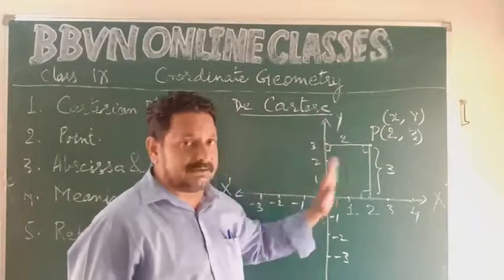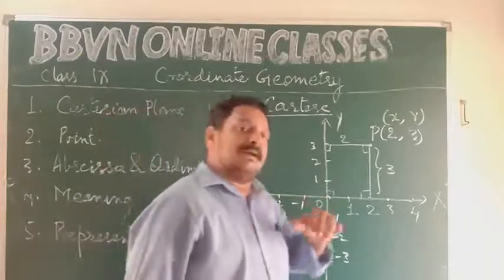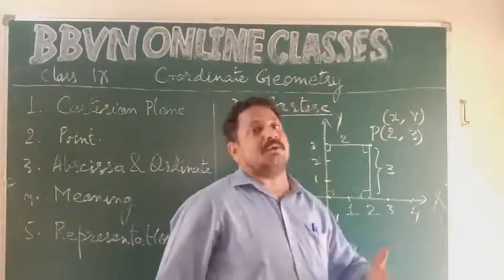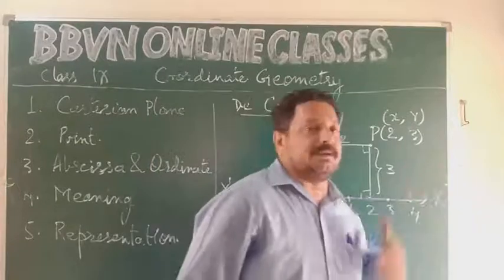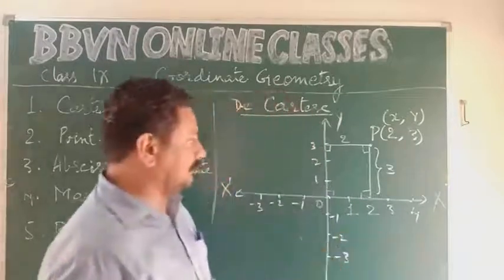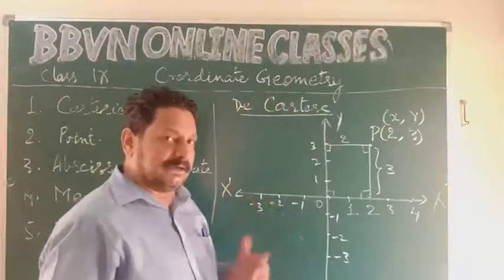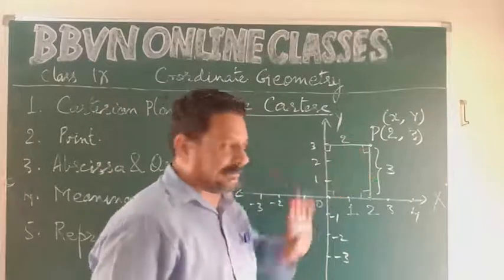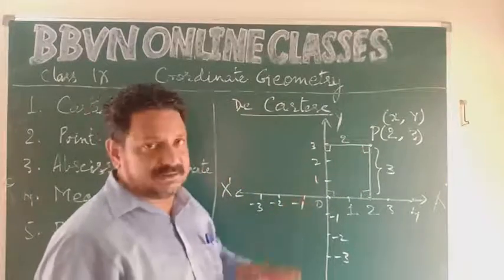So please understand it. It is very important, because no matter up to what level you take mathematics, you will definitely have coordinate geometry in higher forms. So this is the representation of the point in the Cartesian plane.